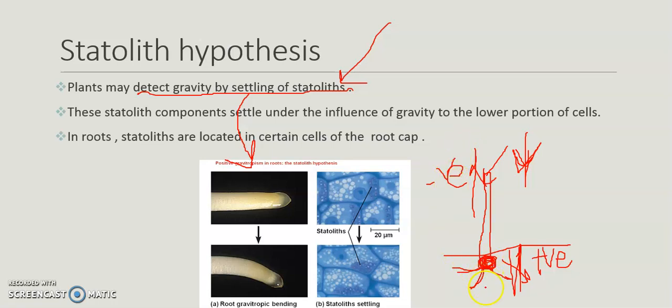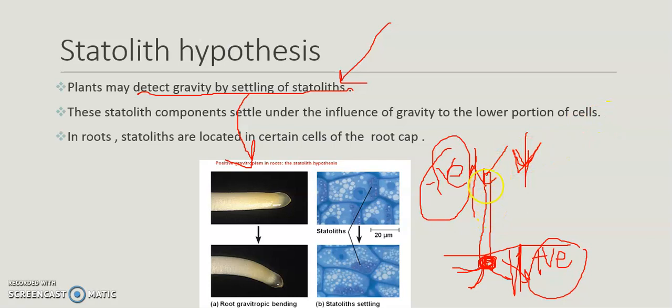But the root grows downwards, in the direction of gravity, so that is said to be positive gravitropism. So these statolith components settle under the influence of gravity to the lower portion of cells.